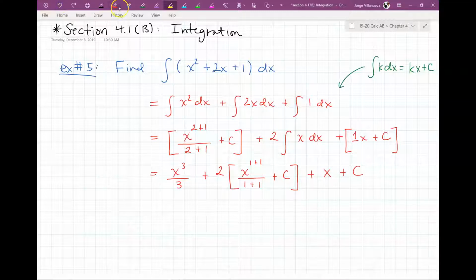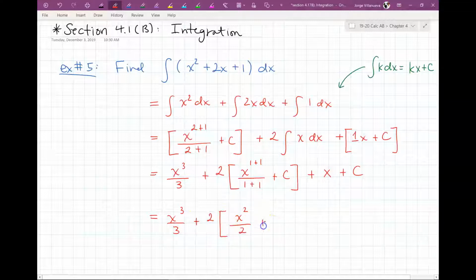So let's go ahead and simplify this so we can finish up here. So we have x cubed over 3 plus 2 times, this will be x squared over 2 plus c, plus x plus c. Now just distribute and simplify.